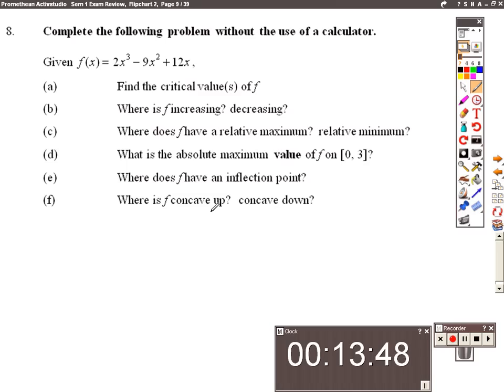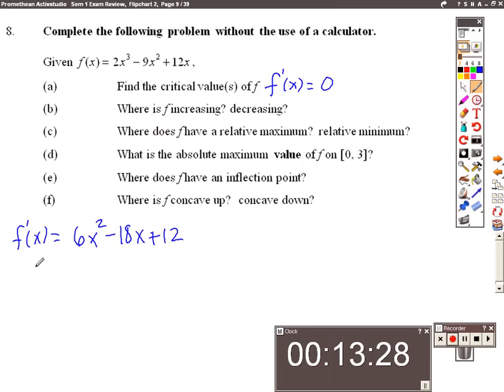As you know, to find critical values, we're going to find the first derivative of the function and set it equal to 0. So I'll do the work down here. When we find the first derivative of this function, we will get 6x squared minus 18x plus 12.